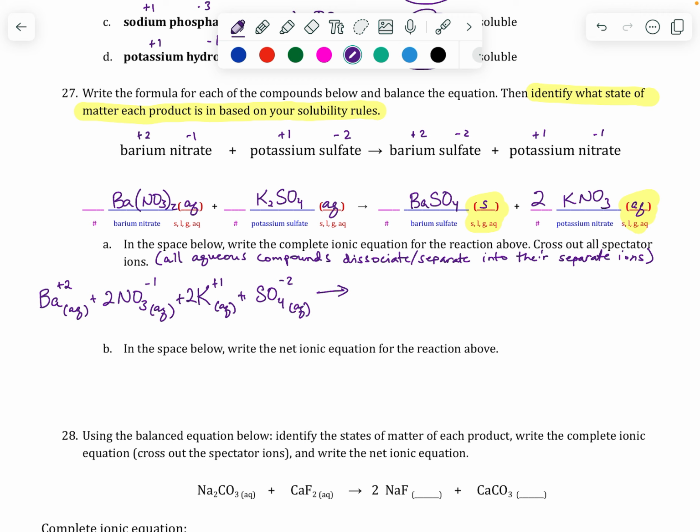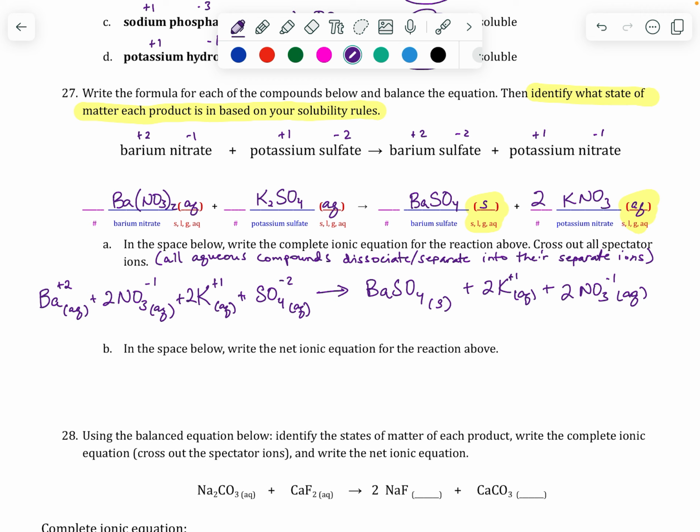And that is going to produce a solid insoluble product, which doesn't split up. And we have 2 potassium ions on this side because of the 2 in front that we use to balance the others on the other side, as well as 2 nitrate groups. So you see how balancing the equation also helped us balance the amount of ions there.